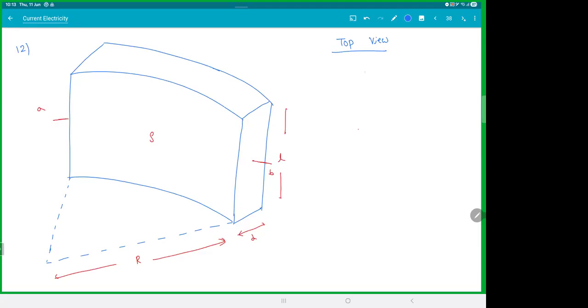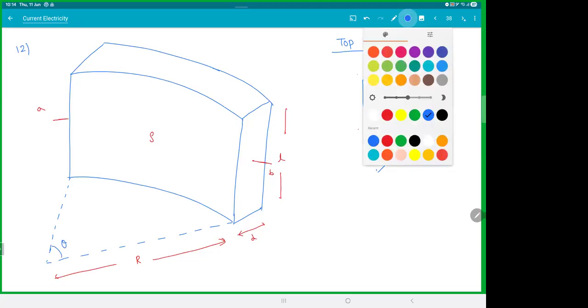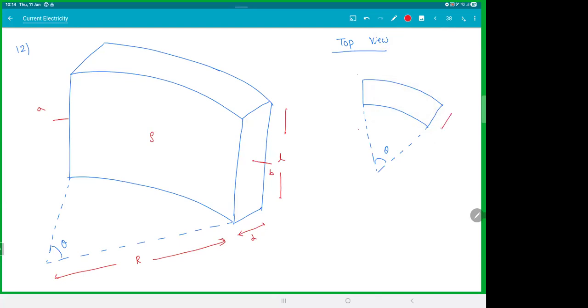If you see this from the top view, it looks like an arc which has a thickness. This angle was theta. This was D and this was R. The battery was connected between this point and this point. Do one thing, take it as A, because R we'll use for resistance.